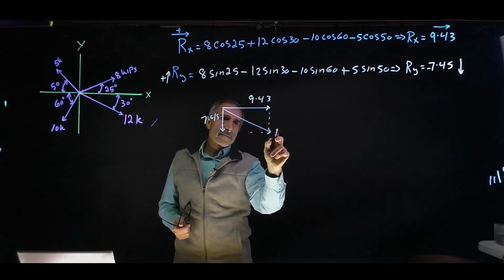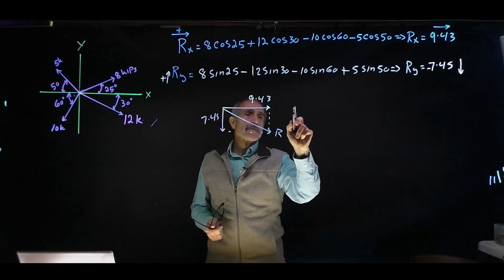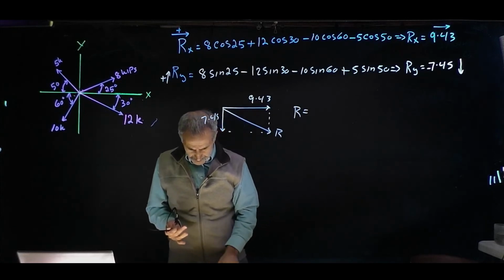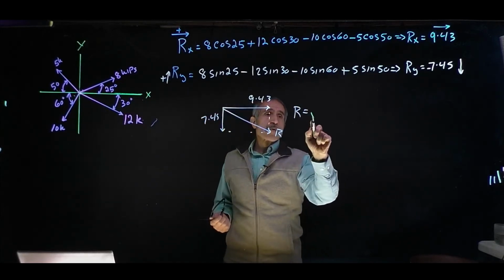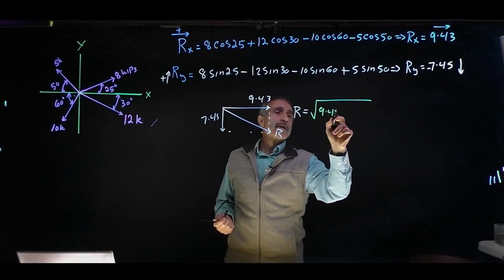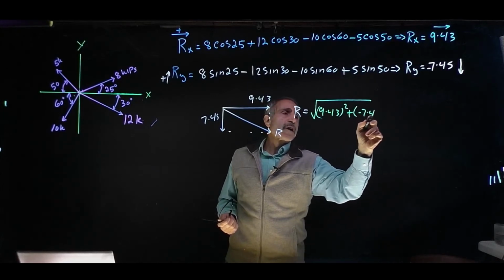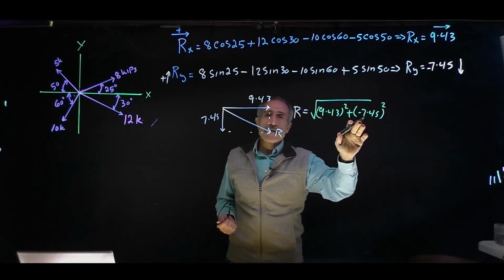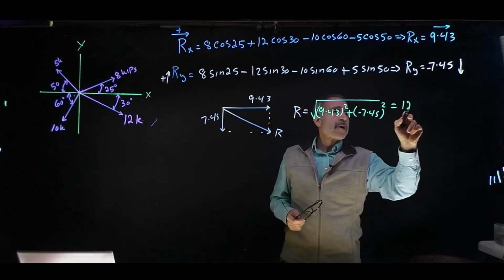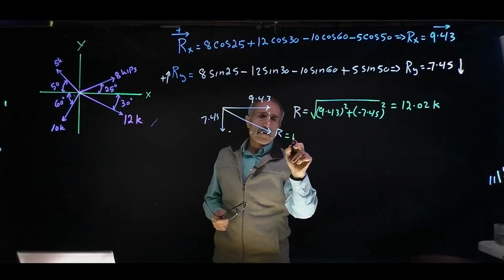This is your R. And that R is equal to the square root of 9.43 squared plus minus 7.45 squared. Of course, if you have a negative number and you square it, it becomes positive. And that comes up to 12.02 kip.